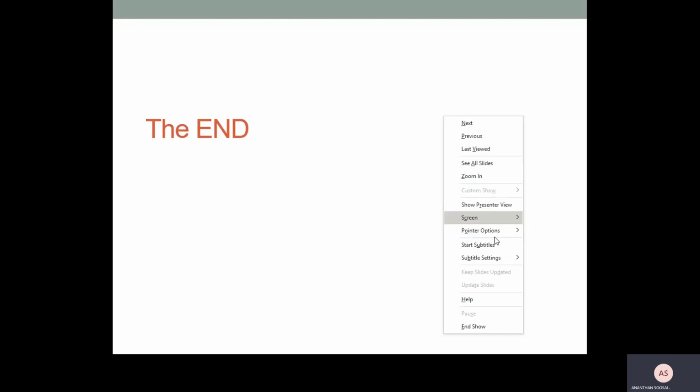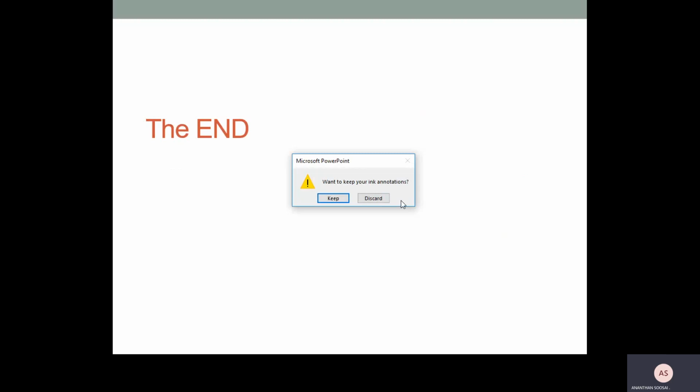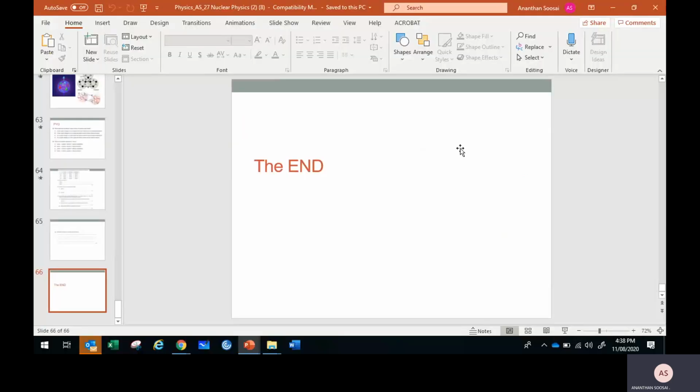Beta always has a range. Is the range similar? Yes, it could vary also because it depends on the nucleus. They have a fixed range.